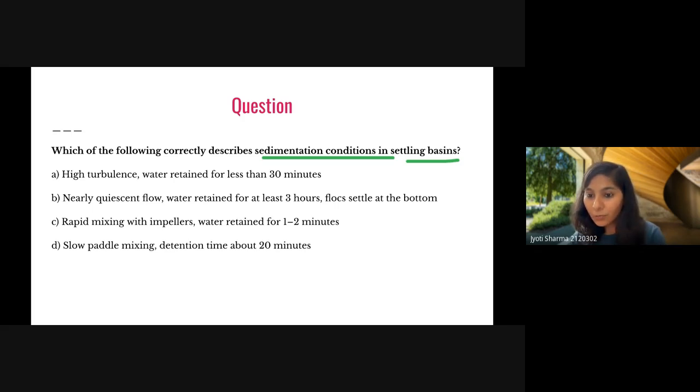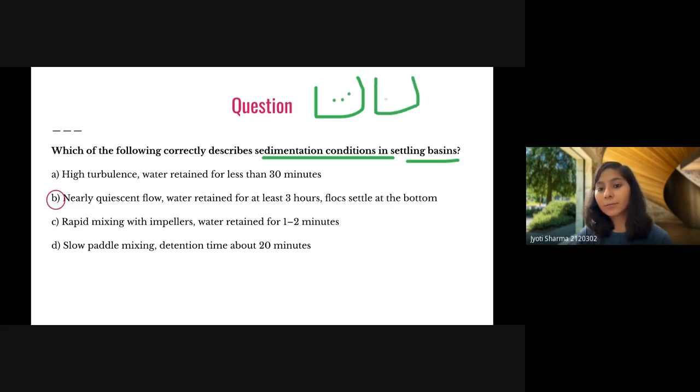The options I'm getting are Venkateshwara, B, and then A. So the option is B. Just think about this. We talked about coagulation, which is to destabilize the particles. Flocculation means we created the flocks.